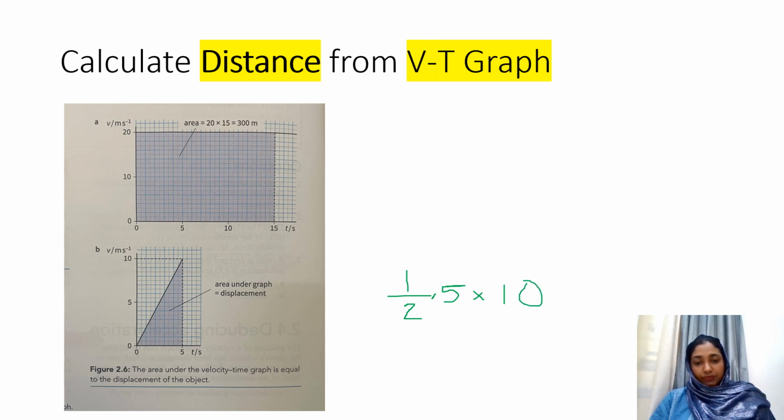That means 25 meter is the displacement of the second graph. Understood?